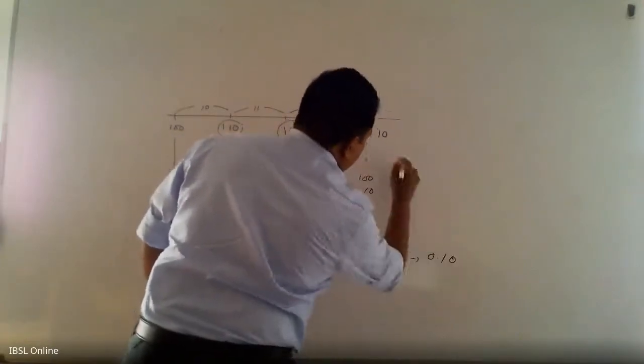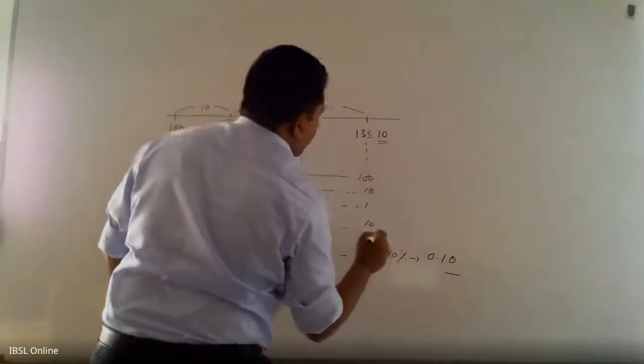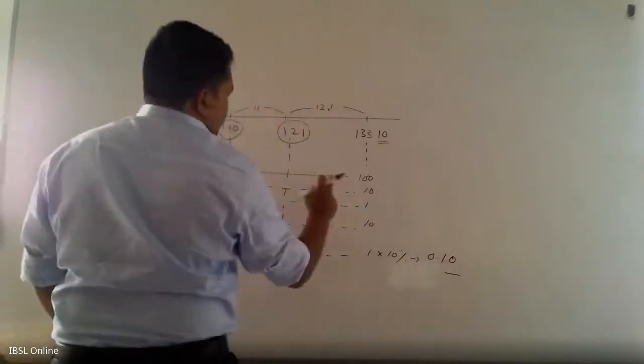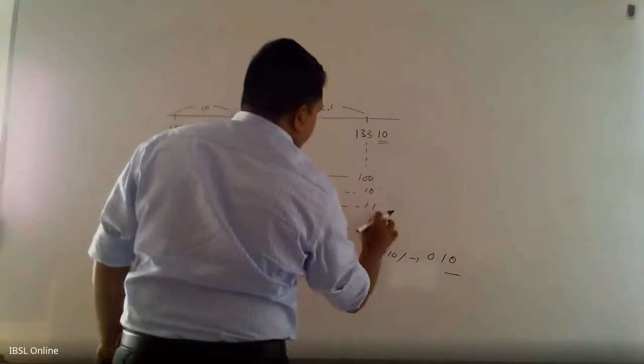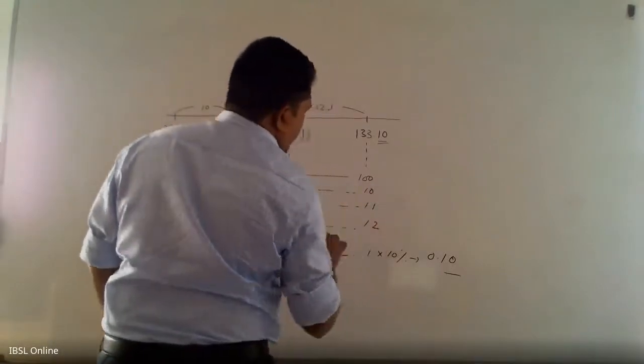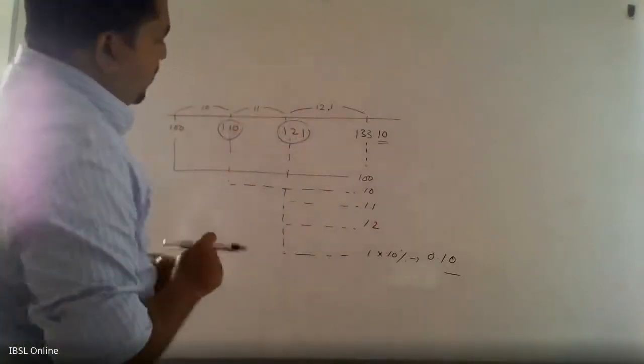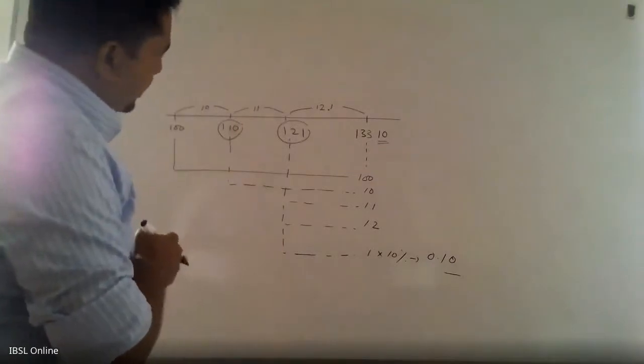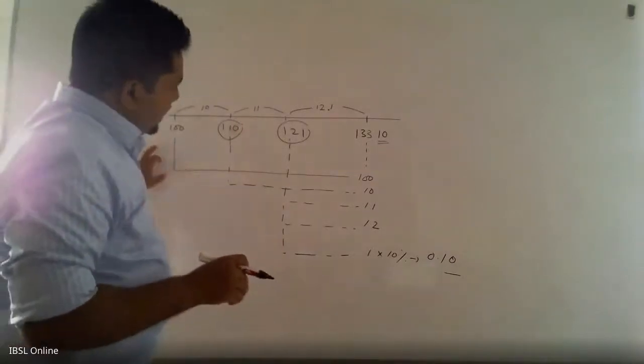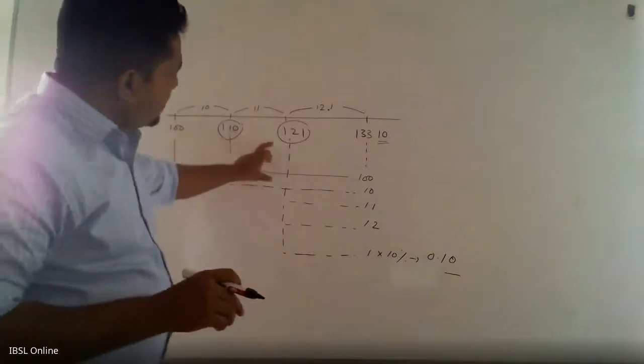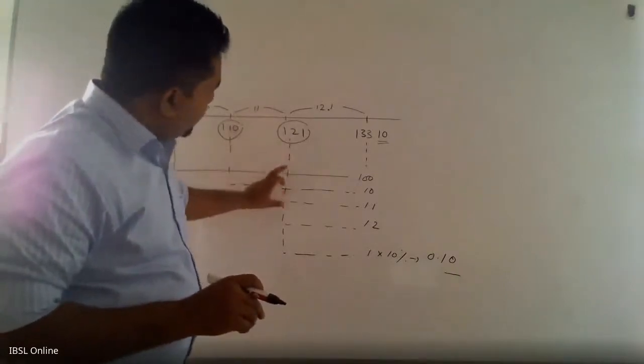That is the point that you see here. So you have 10 plus 11 plus 12 plus 0.1. I think I got it correct. Yes. The initial 100 is 10 rupee. This 11 rupee from here to here.